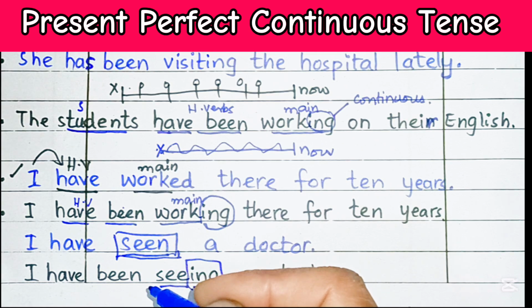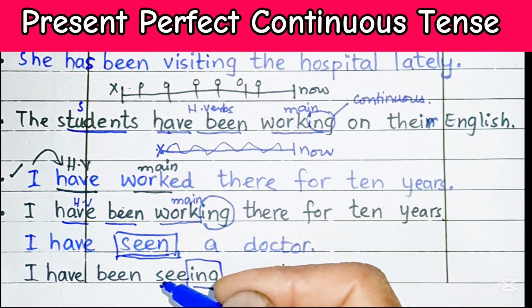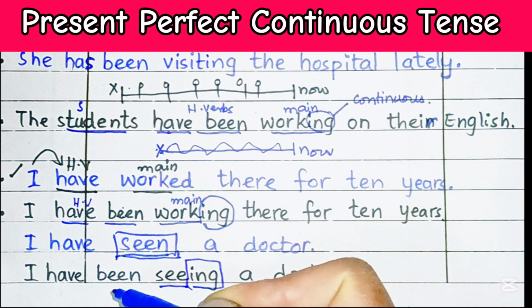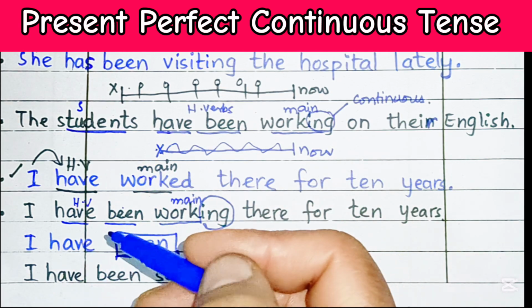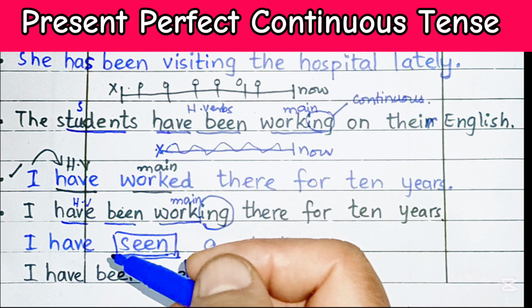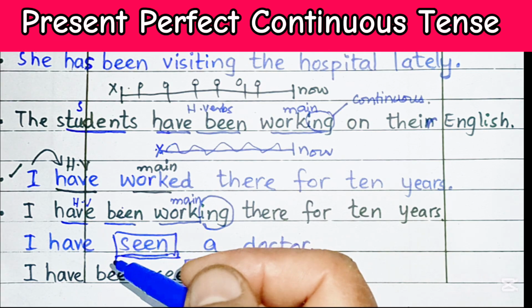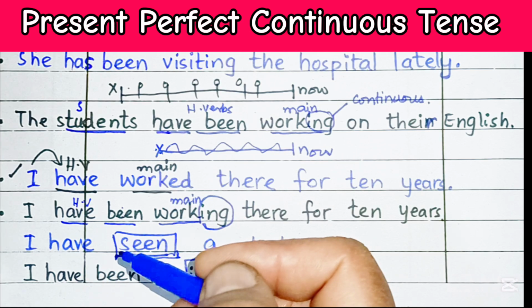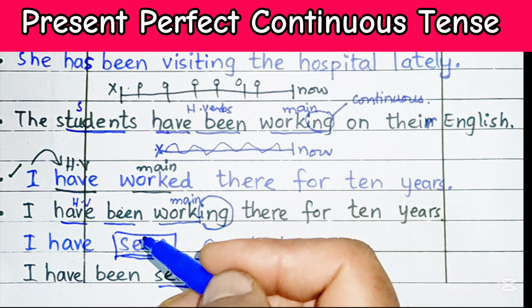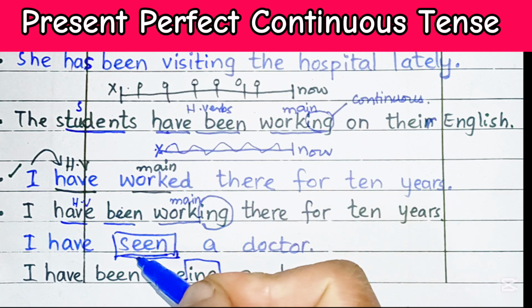So there is another difference between those two sentences. What is the difference? I have seen a doctor. This is one way of saying something. If you say I have seen a doctor, this could imply one visit or more visits.